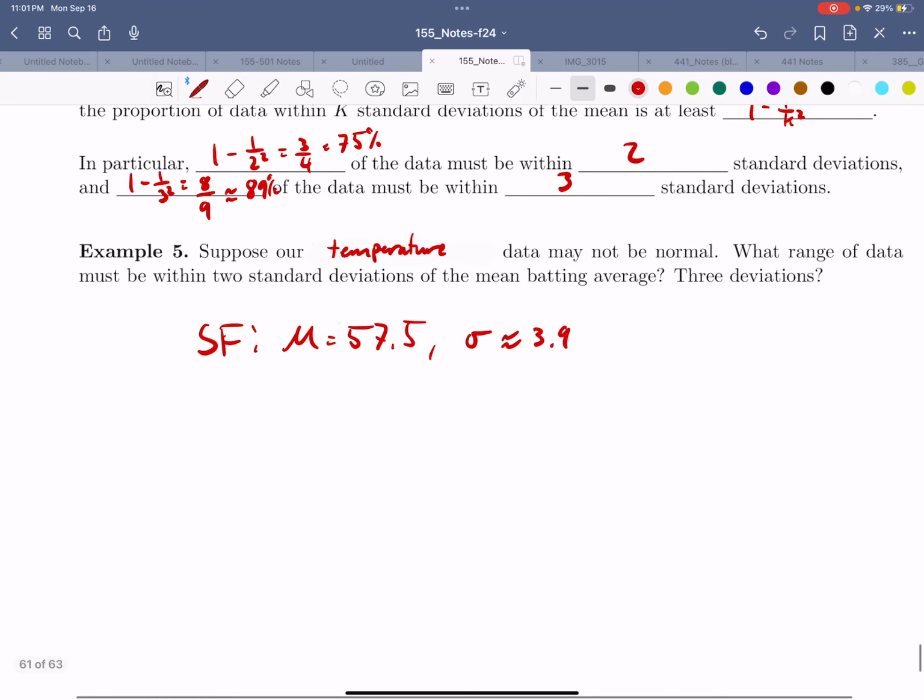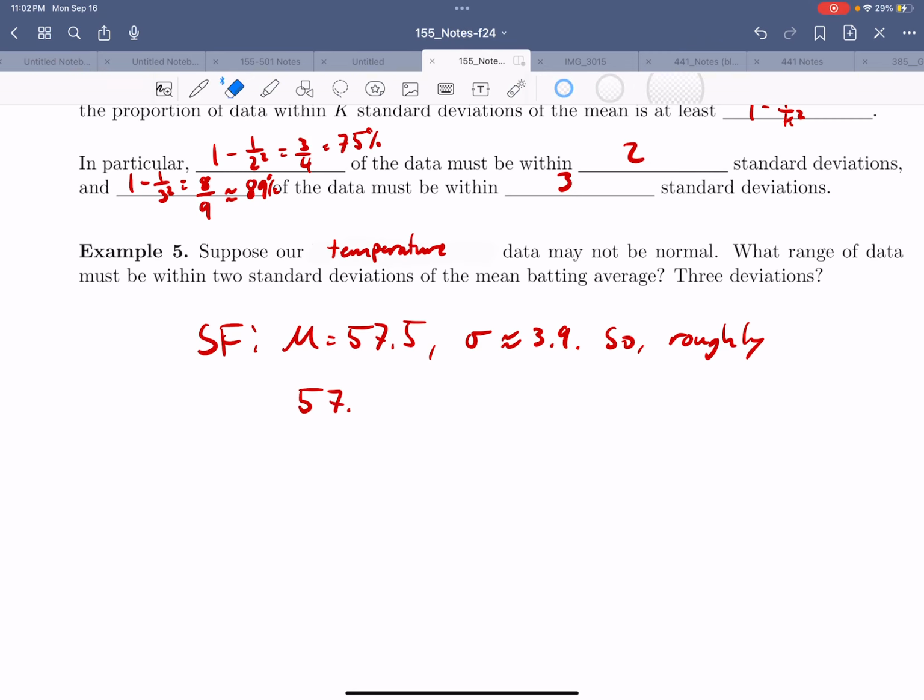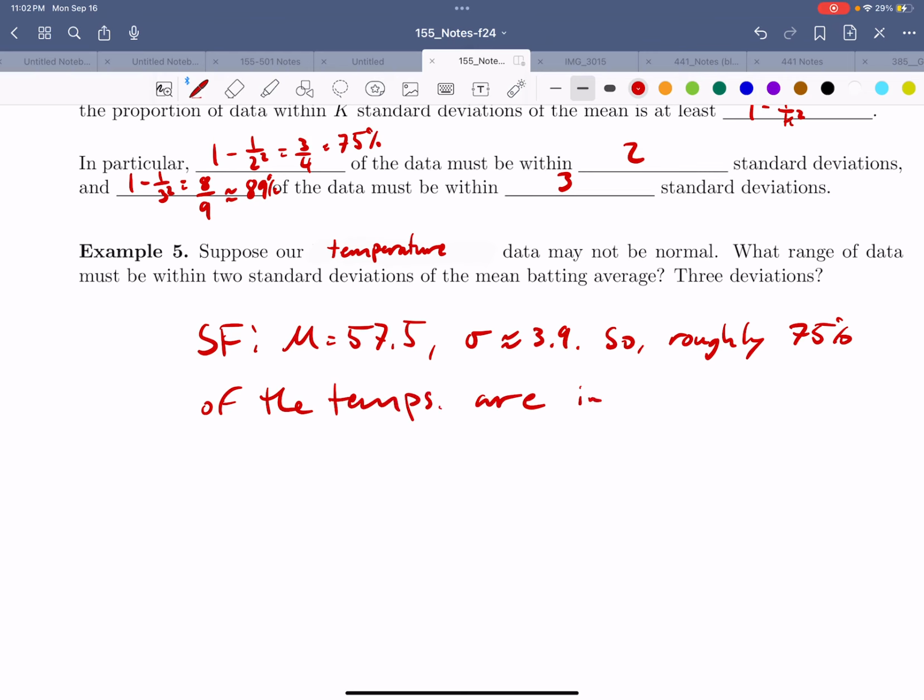Okay? So, using Chebyshev's inequality, roughly 75% of the temperatures are in the interval, and it's going to be 57.5 minus 2 times 3.9 to 57.5 plus 2 times 3.9.